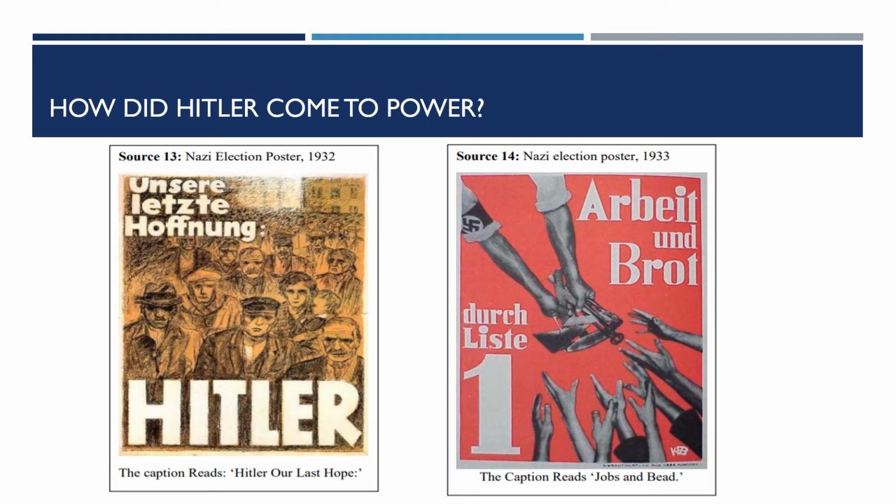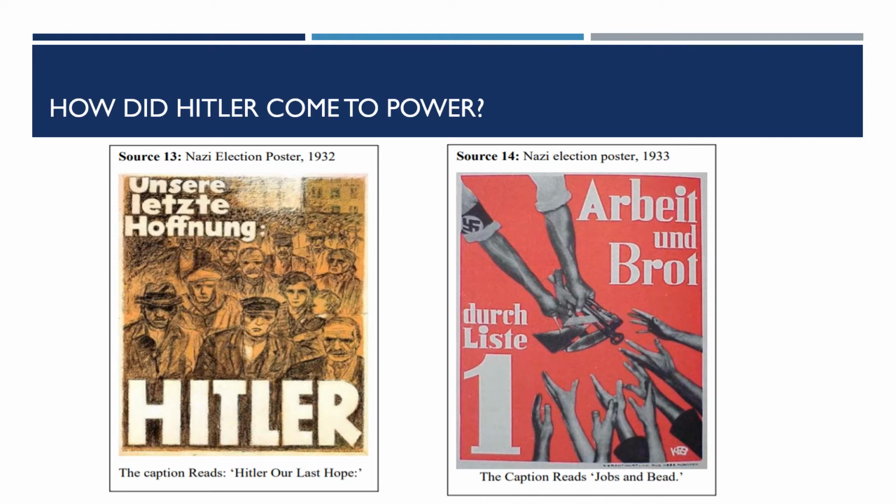The Nazis was short for the Nationalsozialistische Partei, which is the National Socialist Party, and they were up for election in the early 1930s. So you can see some of their election posters here. Unsere letzte Hoffnung, which means our last hope, and Arbeit und Brot, which means jobs and bread.